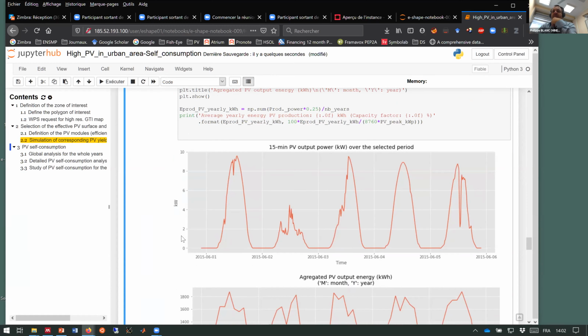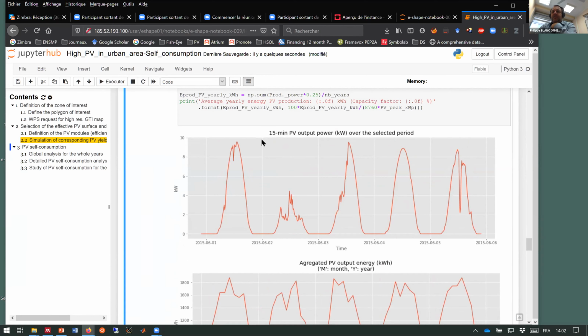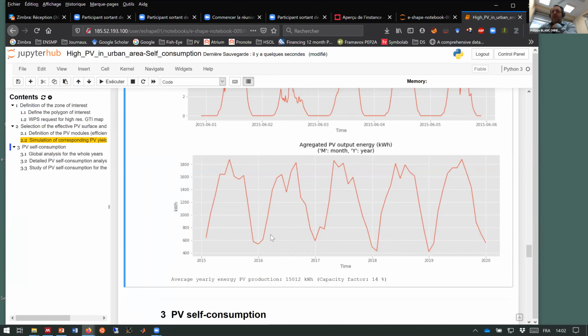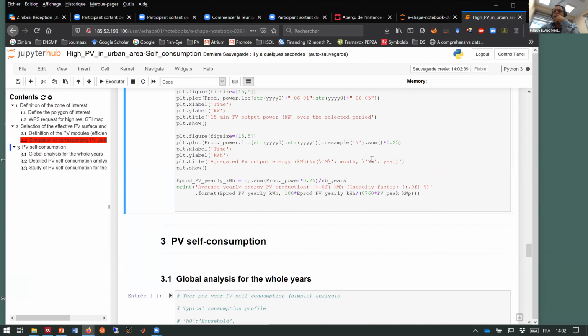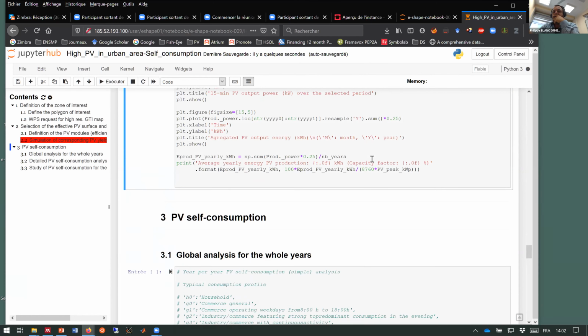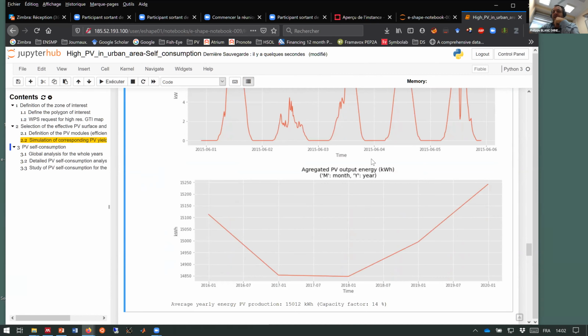This is my PV production expressed in kilowatts, in June, at 15 minutes, and this is the sum on a monthly basis for the different years I have selected. If I change here the M by Y, I get the same, but on a yearly basis. So I get 5 days, 5 years.